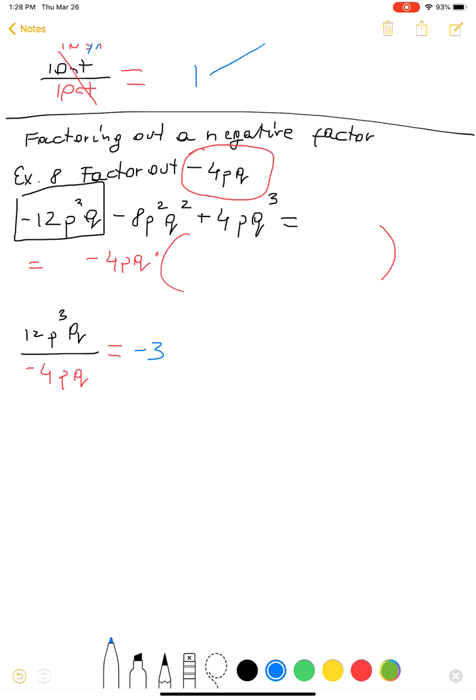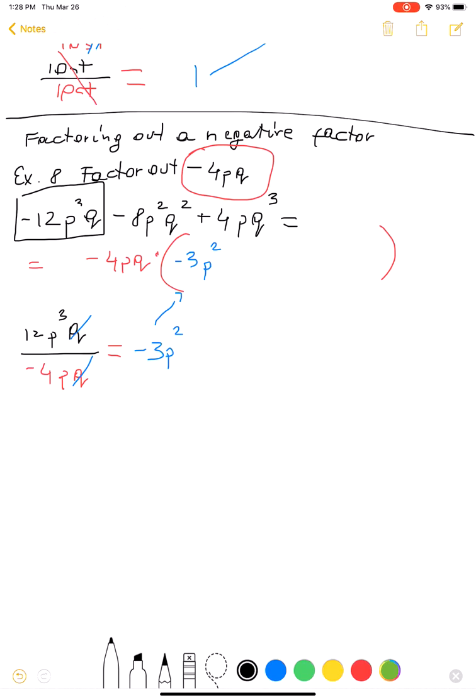P to the 3rd power divided by P will give you P squared, and Q will cancel. So from that division we end up with negative 3P squared. That's what goes inside the parenthesis. And you can always check: when you multiply the GCF by negative 3P squared, you end up with that negative 12P to the 3rd power Q.